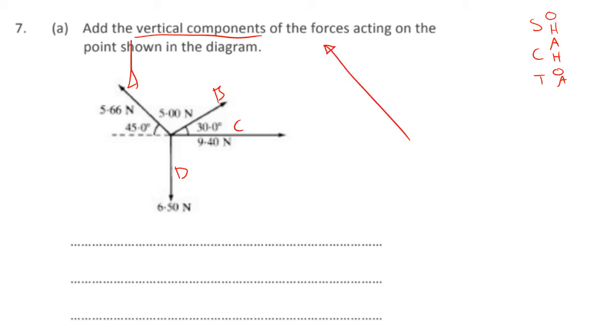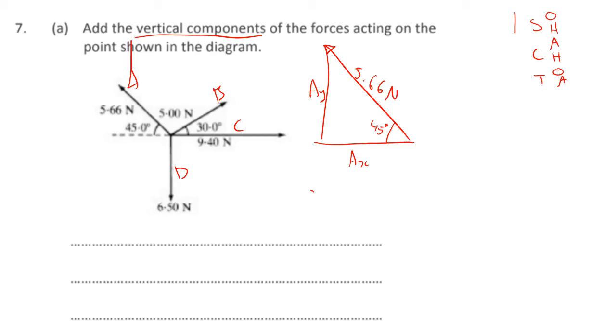Vector A, like that, is going to have a horizontal component, A sub x, and a vertical component, A sub y, and it's going to be 5.66 newtons long, at a 45-degree angle here. So I'm going to want to use sine, because it's using this angle to find the opposite using the hypotenuse.